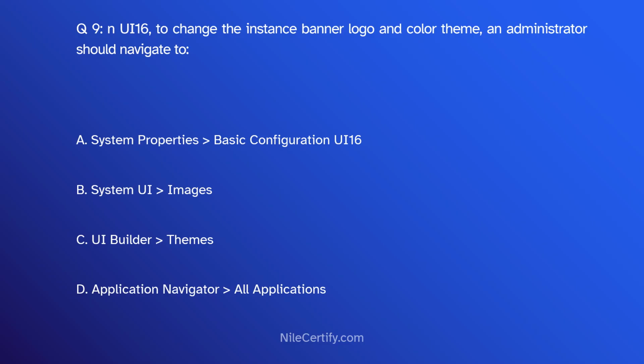And the key phrase here is in UI16 and change the instance banner logo and color theme. So we are talking about the classic platform interface, not portals, not workspaces. We want to change the banner at the top, things like logo and colors, which is managed by system properties for UI16.